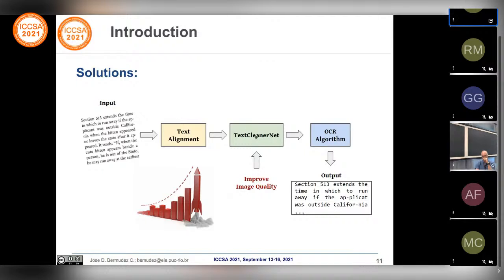Then we introduce a text cleaner net that takes that image as input and synthesizes a new version of this image, trying to reduce the imperfections contained in it. And with this operation, the OCR algorithm obtains better results because the characteristics of the characters are better.